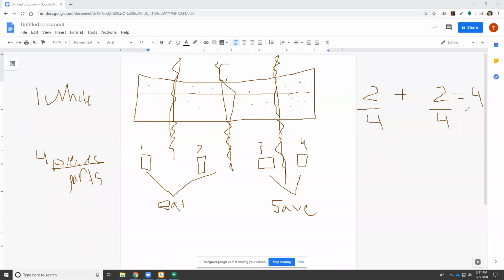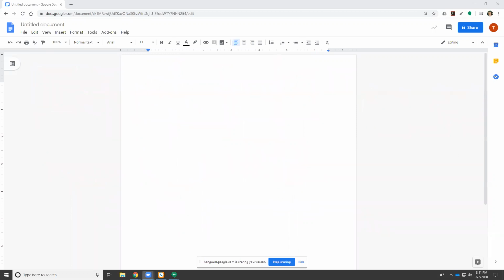And then I carry over the fraction 4. And that says 4/4. And what's another way to say 4/4? Give you a hint. Look over here. It's a whole, 1 whole, because it is equal. All right, we're going to try another one. You with me so far?